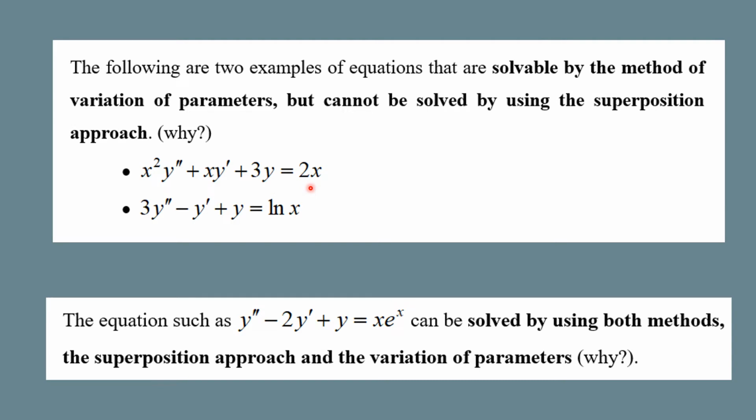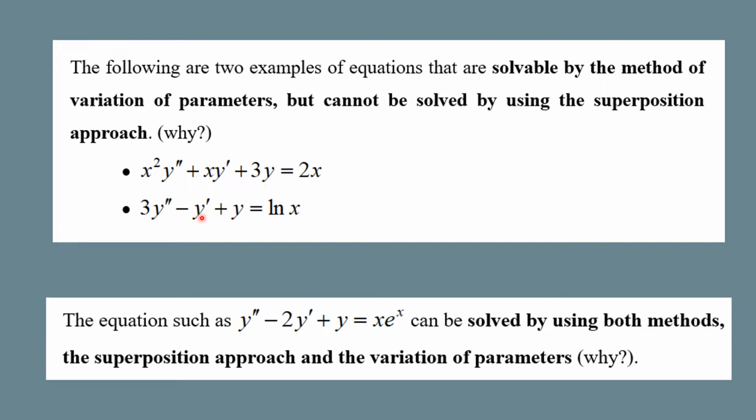The answer is no, because the coefficients of this equation are not constants. The coefficient of y prime is a variable expressed in terms of x, and the coefficient of y double prime is also a variable expressed in terms of x. Since there are variable coefficients in this equation, we cannot use the superposition approach.